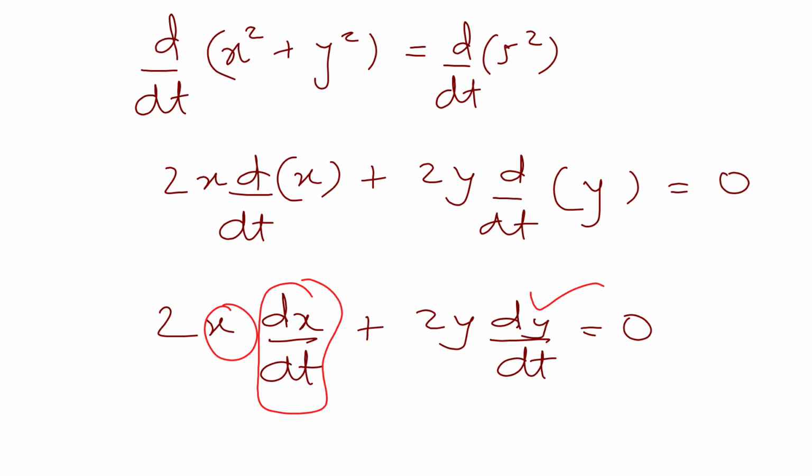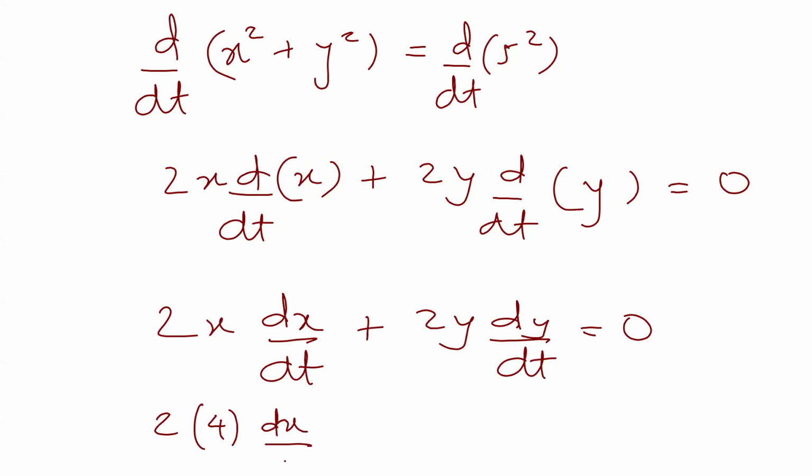So let us see how to calculate this. So 2 into x. What is x? Initial x is 4, dx by dt plus 2y dy by dt. dy by dt we don't know.